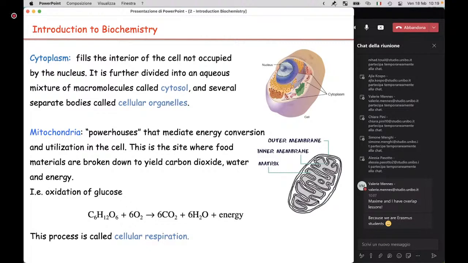You can see here that it is very, very wrinkly. It is not a homogeneous surface.